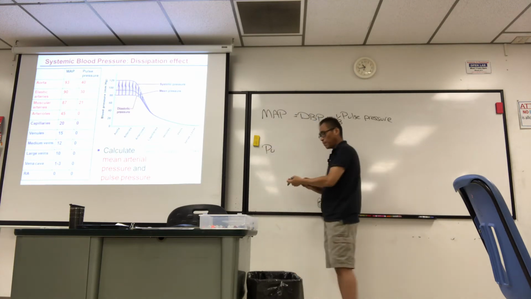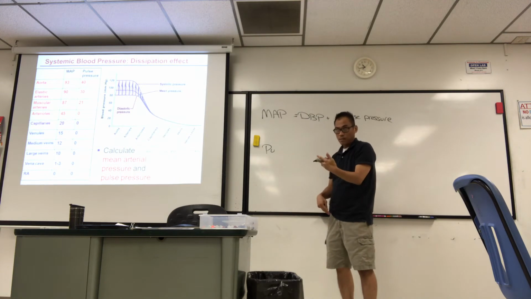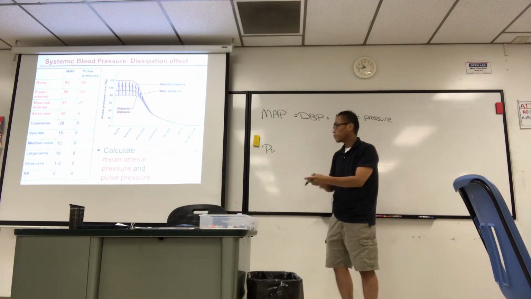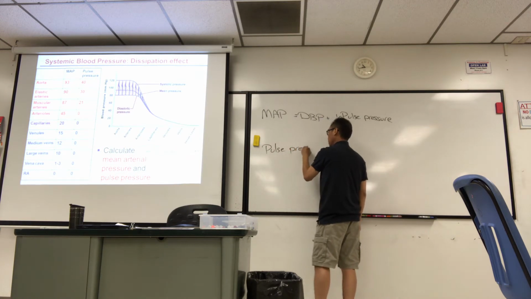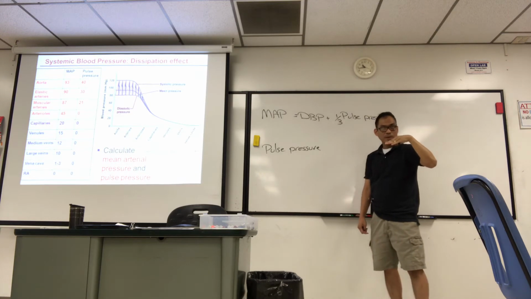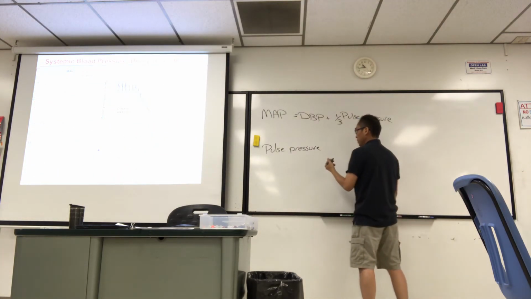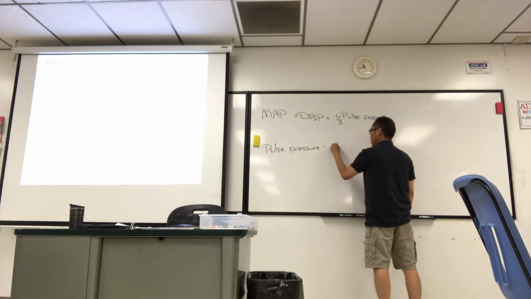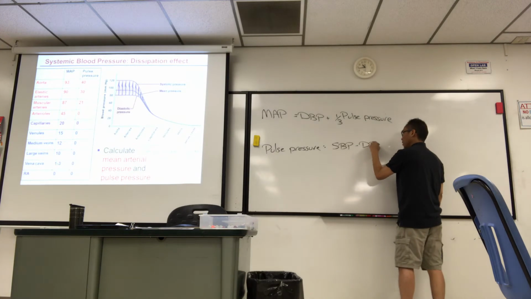When you feel a pulse to get heart rate, each little pulse you feel is a pulse pressure. You're feeling the difference between the top number and the bottom number. So pulse pressure is simply the systolic BP minus the diastolic BP.